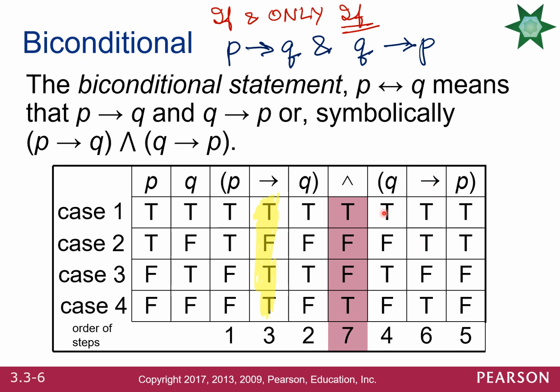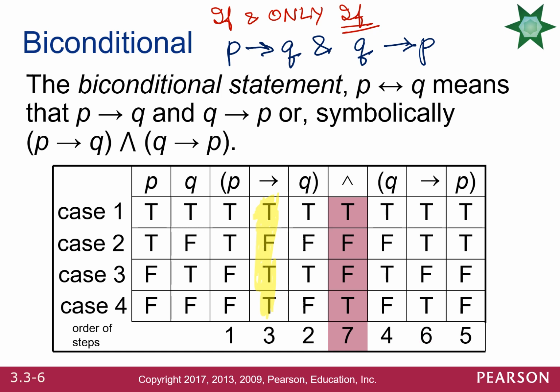When the if condition is true, but the then condition is false, that's the only time when it resolves to a false. Otherwise, it'll always be a true. So true, true is a true. False, true is a true. Then true, false is a false, right? This is the only place where it will resolve to a false, and then false, false resolves to a true. And that's step 6.